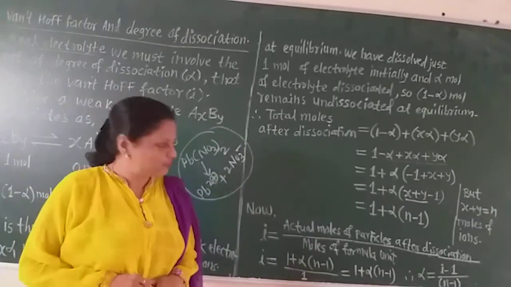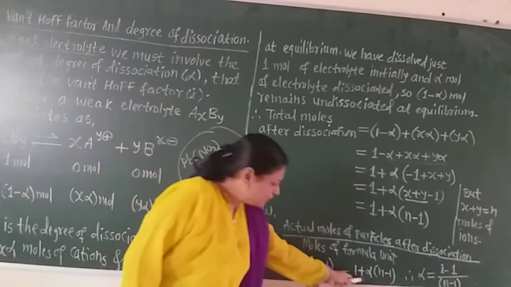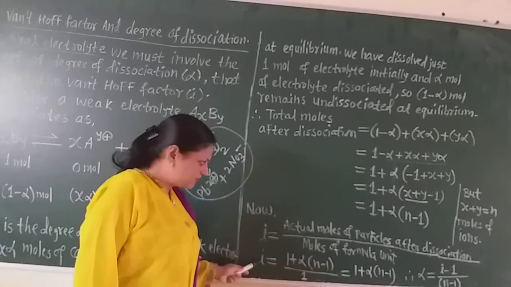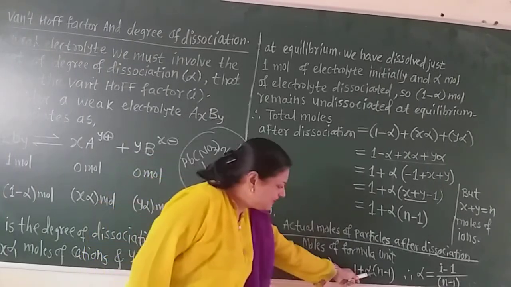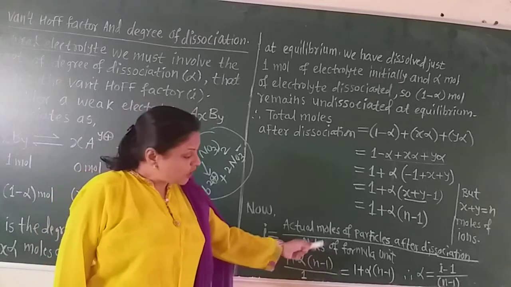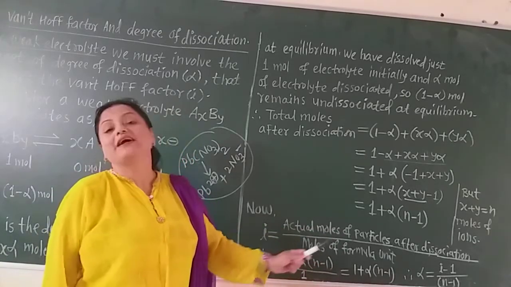Can you understand, students, how it becomes? Just subtract 1 from i, and as it is multiplied on the right, it gets divided on going to the left-hand side.